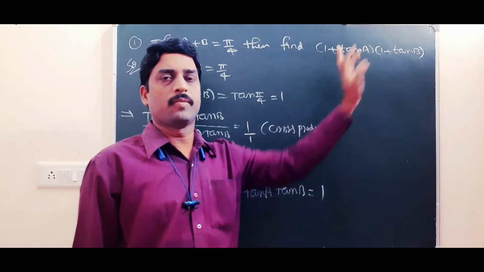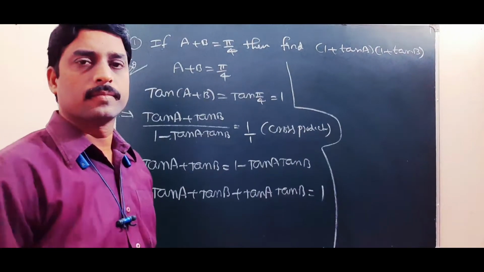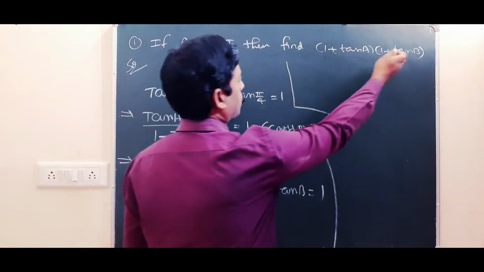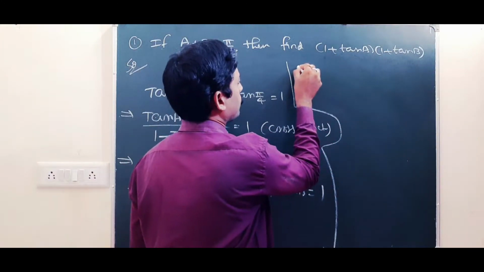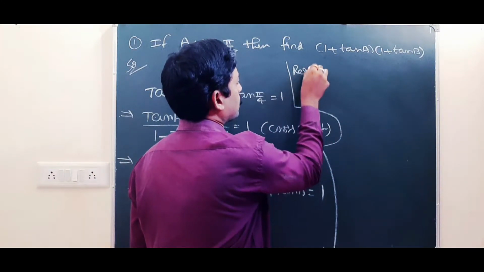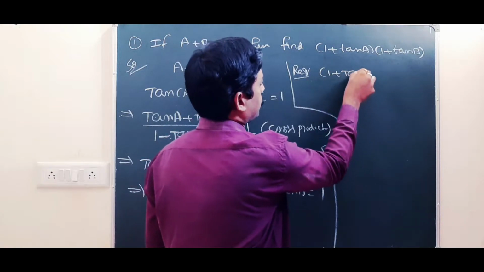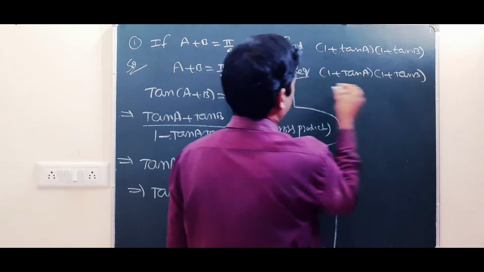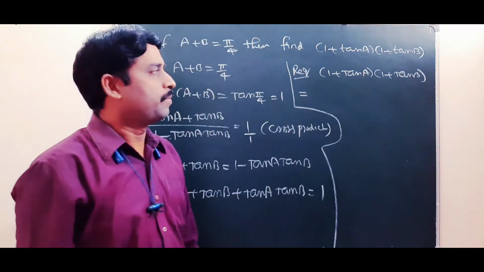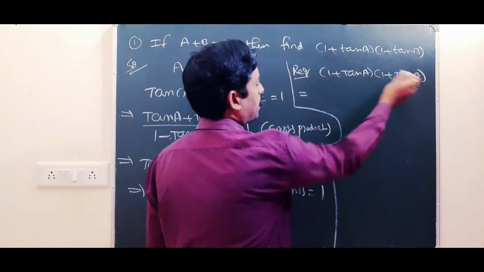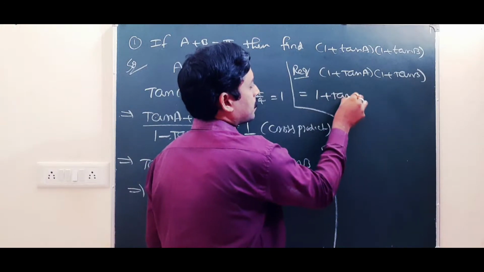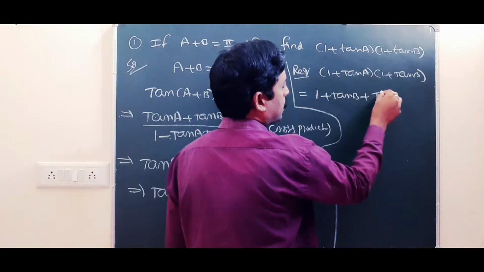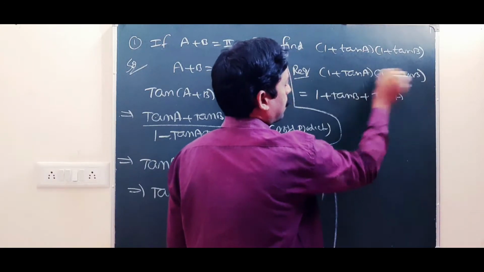Okay. So what is our target? 1 plus tan a into 1 plus tan b. We should multiply these two terms. 1 multiply to 1 plus tan b, plus tan a multiply to all, tan a into 1 is tan a, plus tan a into tan b.